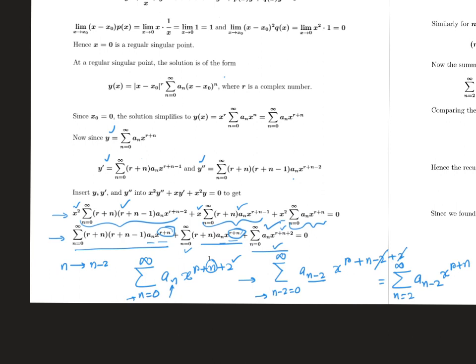By doing this, we change the exponent of x to r plus n by shifting the indices. Now, after the index shifting, this is what I get, which I showed you. I combined the two left summations that have x to the power r plus n, and in the last one I shifted the indices, and then this is what I got.